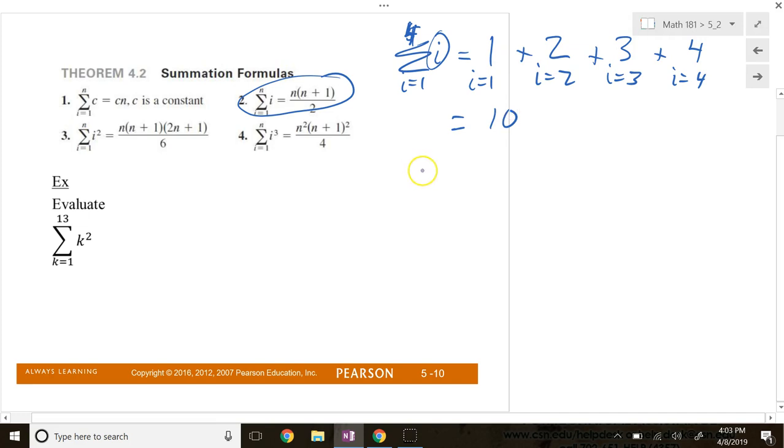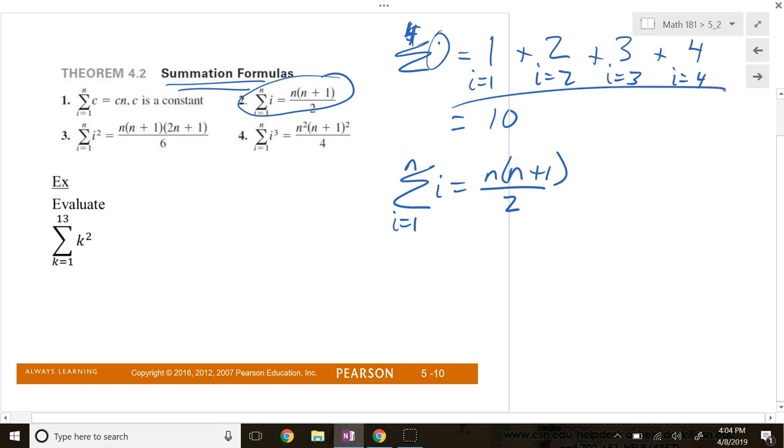Well, instead of doing that, you have these summation formulas from pre-calculus. I being 1 up to n of I will end up being n times n plus 1 all over 2 if you don't want to draw it out, right? Write it out and then do the summation. Well, in this case, our n is 4.